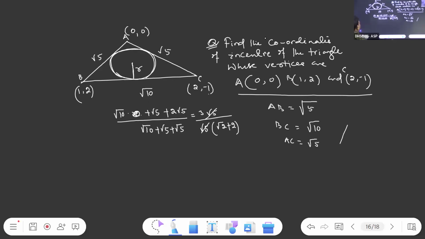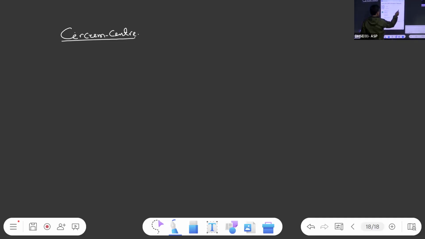The incenter is clear, then come to circumcenter. Okay, circumcenter, write down.